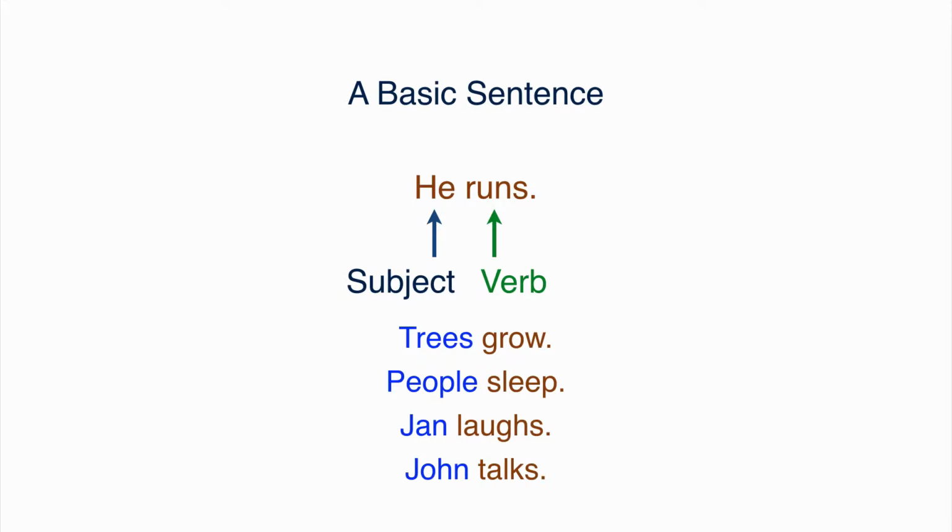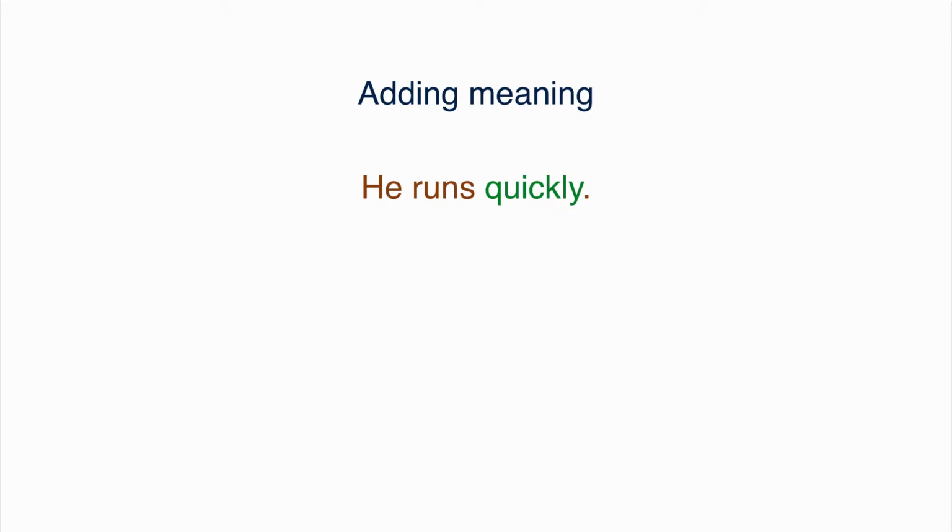We often want to add meaning, and we add meaning to a verb by using a type of word called an adverb. Let's look at this one. So quickly is an adverb because it adds meaning to the verb runs. It tells you how the person is running. It gives you a fuller representation of what is happening.